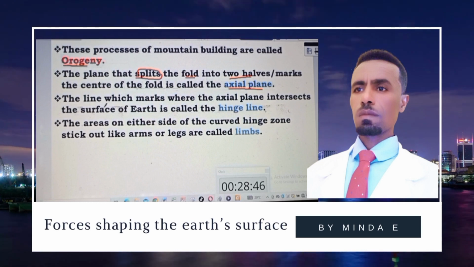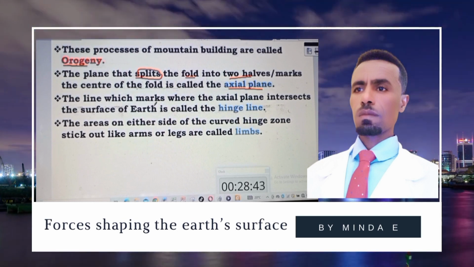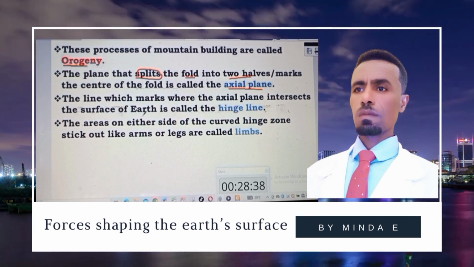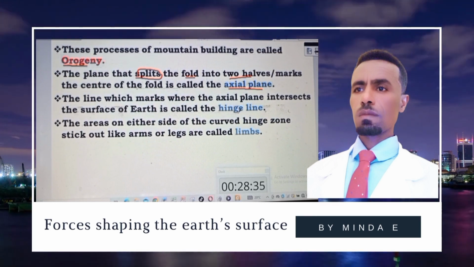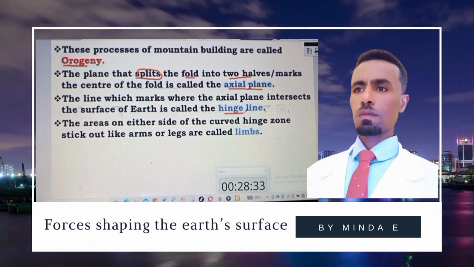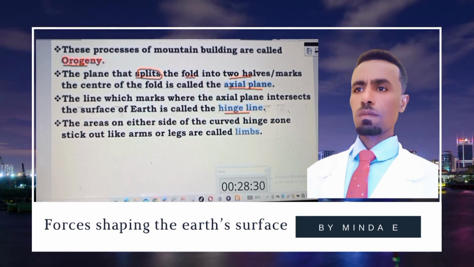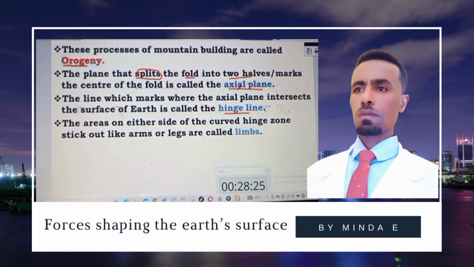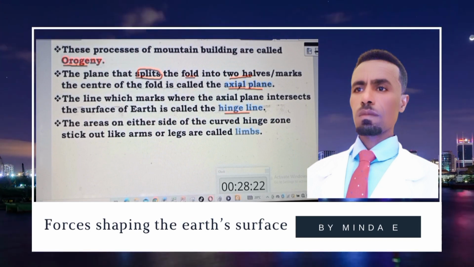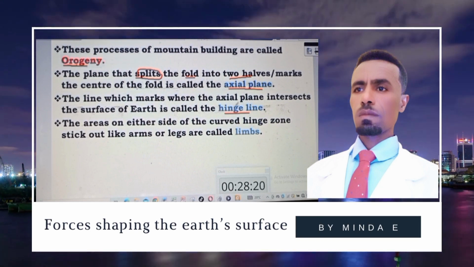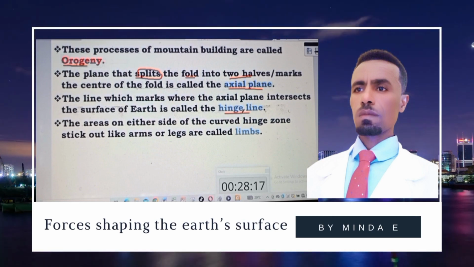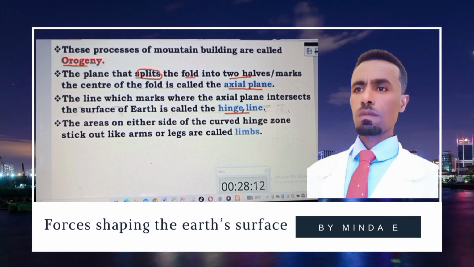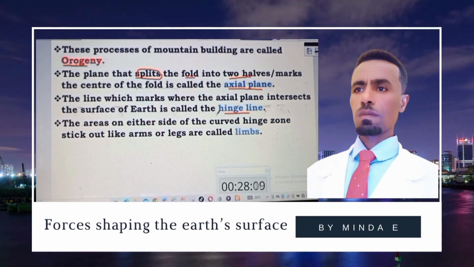Another point is a line which marks where the axial plane intersects the surface of the Earth, called the hinge line. The axial plane divides the fold into two equal parts, and the line which intersects the surface of the earth is known as the hinge line.